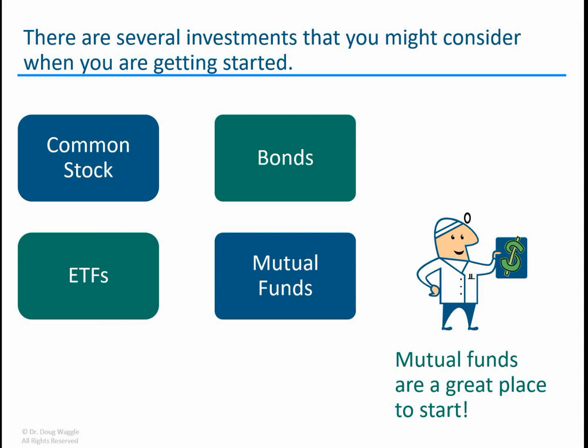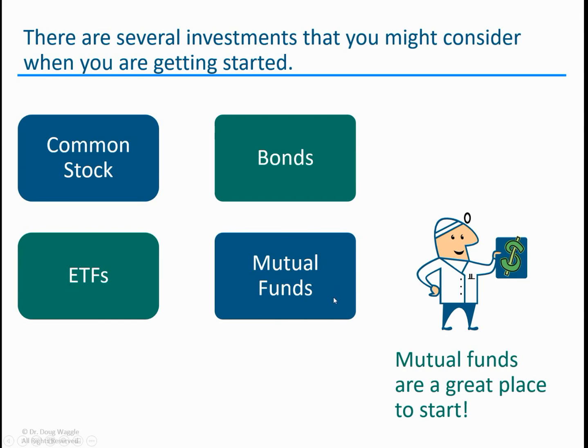Now, these are some terms I'm going to introduce. We'll see a whole section on stock and a brief section on bonds starting next week. So we'll talk about what common stock is, what bonds are. Then we'll also talk about exchange traded funds and mutual funds. ETFs is short for exchange traded funds.